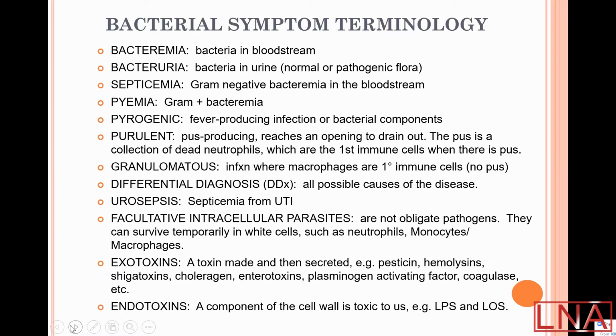So exotoxins are toxins made and then secreted out of the bacterial cell. Endotoxin is a component of the cell wall which is toxic. It's a part of the lipopolysaccharide of the membrane of gram-negative bacteria only.